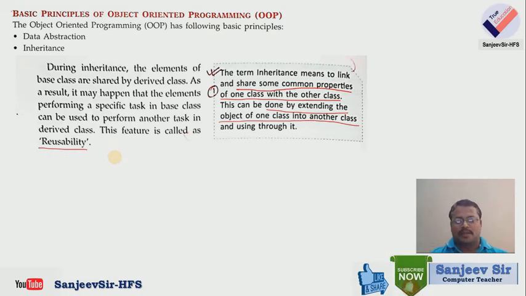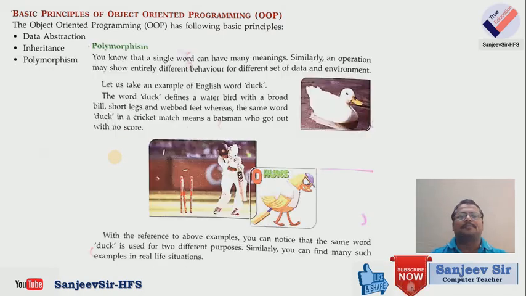Okay, the next concept is polymorphism. Polymorphism is when one thing behaves or works for different purposes.